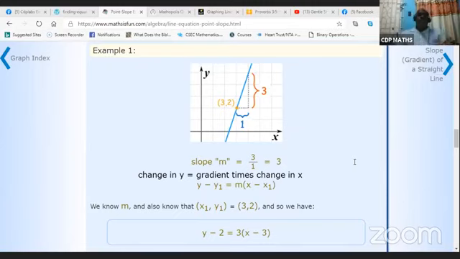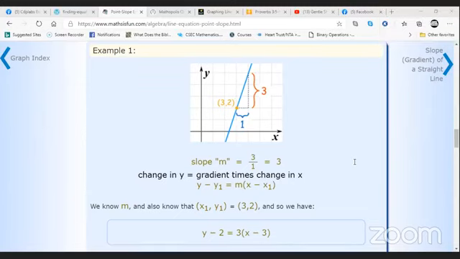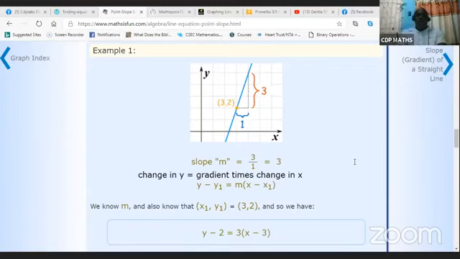All right. Make sense? Yes, sir. Okay. So it says we know M and also know that x1, y1 is equal to 3, 2. How do I know that? It's on the graph. See there? 3, 2.